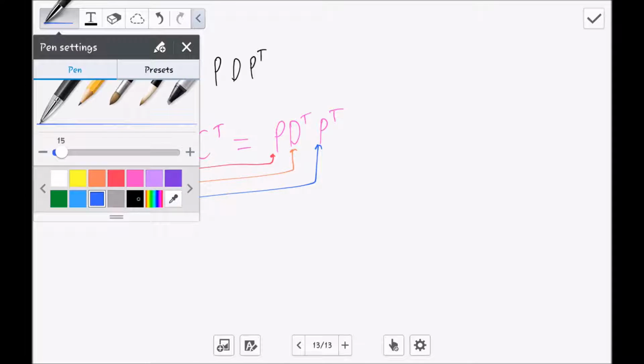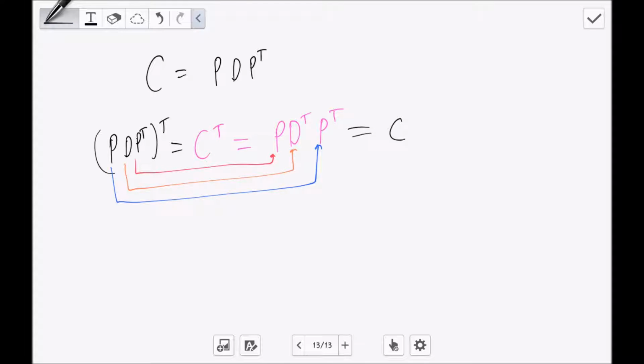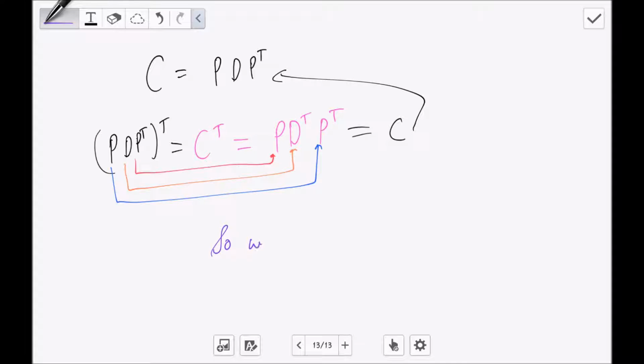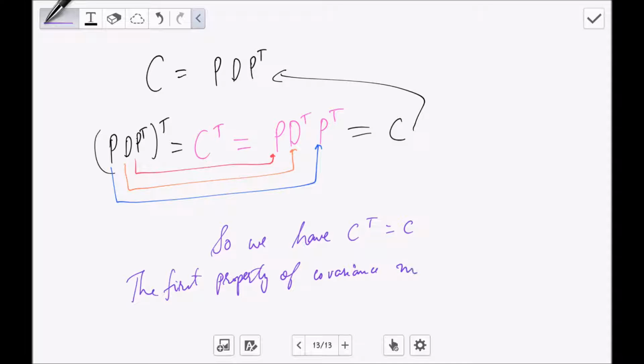Now what do you observe from here? This is equivalent to C from here. So we have C transpose is C. Okay. This is the first property of covariance matrices. Fine.